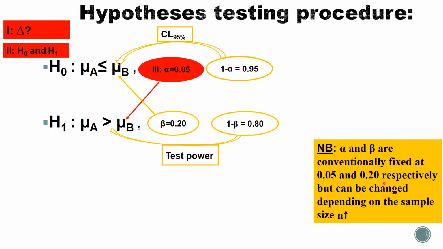For example, with a larger sample size, that's to say when we have a very large sample size, what it means is that there's a high probability that the sample would be representative enough, in other words, its distribution will be almost like that of the population. So we are likely to get results that will be more similar to the population results. So in that sense, the risk of alpha would what? Decrease.